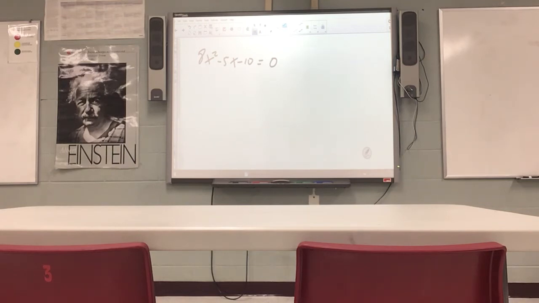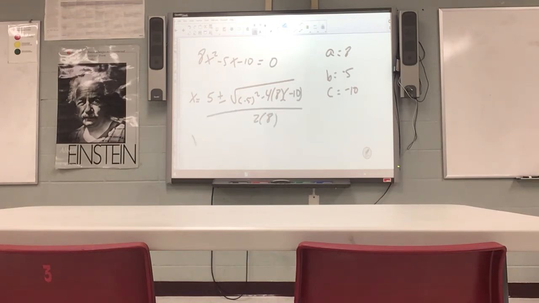So when I saw this thing, I looked and I said, well, there's no GCF. I don't want to factor that, so I'm just going to go ahead and do the quadratic formula. So I had an A of 8, a B of -5, and a C of -10. X equals -b plus or minus the square root of b squared minus 4ac all over 2a.